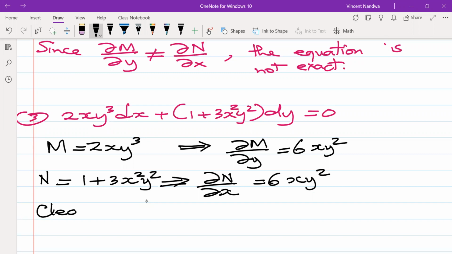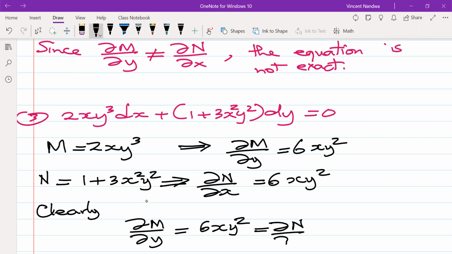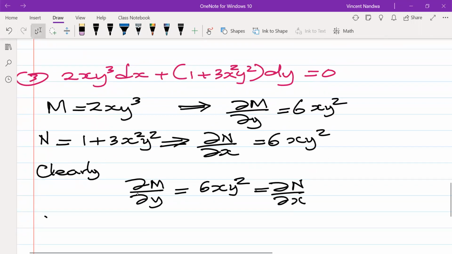Now clearly, partial M partial y is the same as 6x y squared, which is partial N partial x. Hence, the equation is exact.